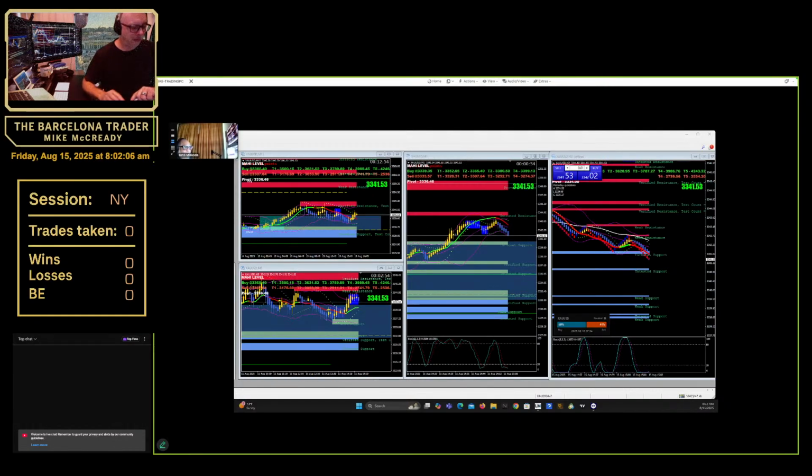All right, so the 8 o'clock candle was 2 minutes ago. We're starting to get some movement off of that. Looks like we're coming downside, down into the range again.